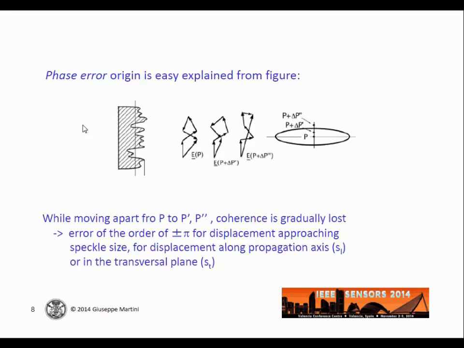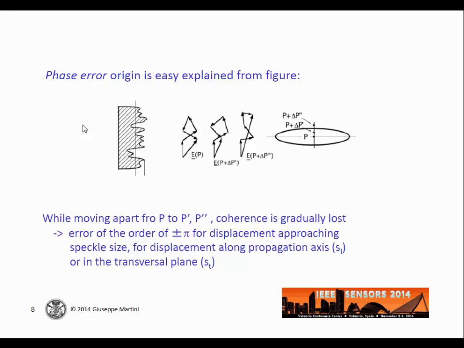Okay, phase error is due to loss of coherence while you move through the speckle grain, either in the transversal direction or in the longitudinal direction.